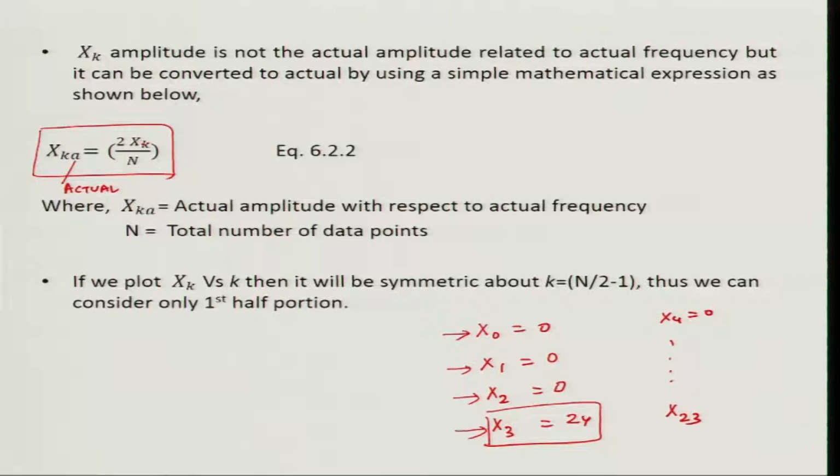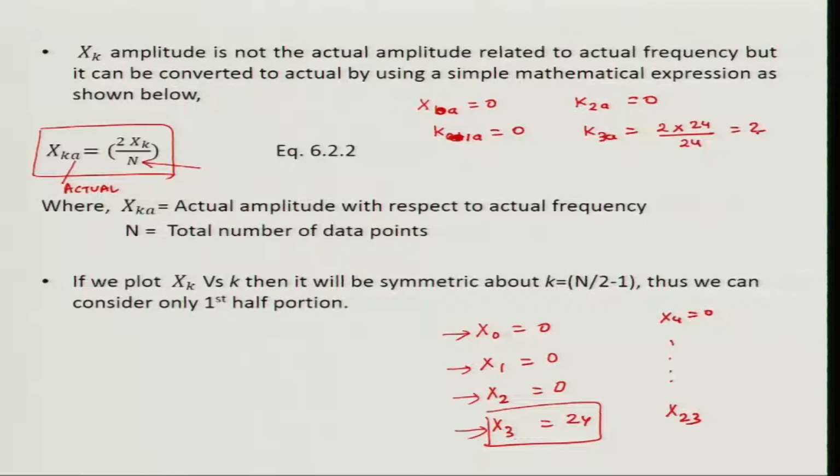This equals 2 times xk divided by n, where n is the number of points. Which means that x0a equals 0, x1a equals 0, x2a equals 0, but x3a equals 2 times xk, x3 is 24, divided by number of points 24, is 2.